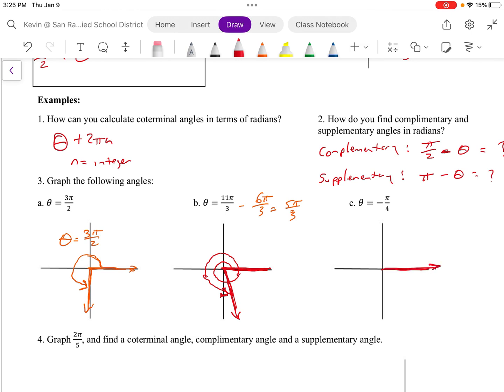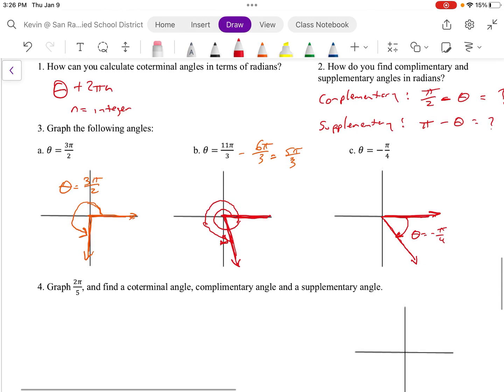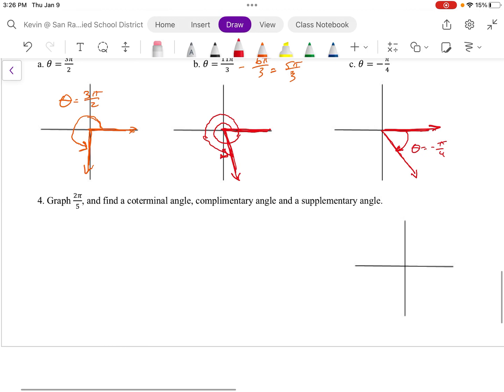We have our initial side, but we're going to go clockwise, negative pi over 4, which is 45 degrees. And again, I'm going to draw my little arc here so I can show the direction, that it's negative. Theta equals negative pi over 4.